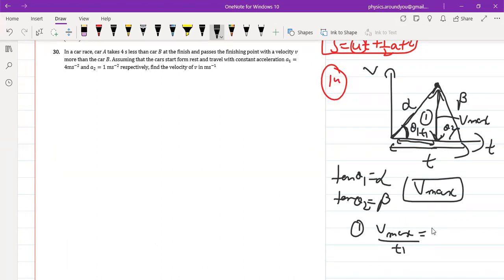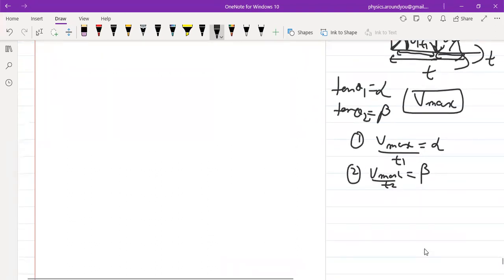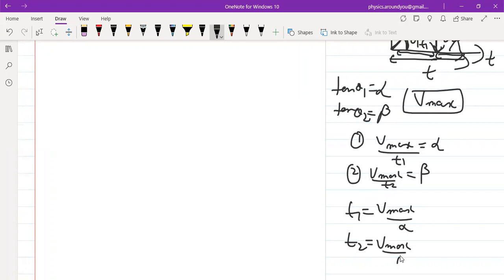Vmax by T1 is tan theta 1, tan theta 1 is alpha. Similarly, in triangle number 2 over here, I can say that Vmax by T2, T2 being this time, is beta. All right. So T1 can be written as Vmax by alpha, whereas T2 can be written as Vmax by beta.